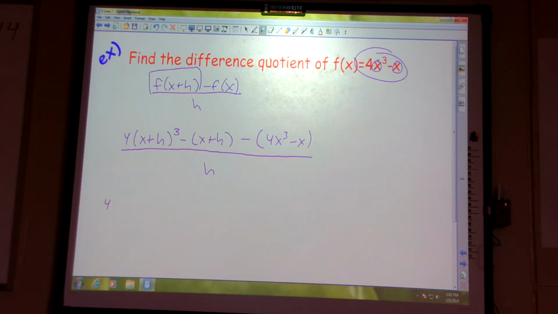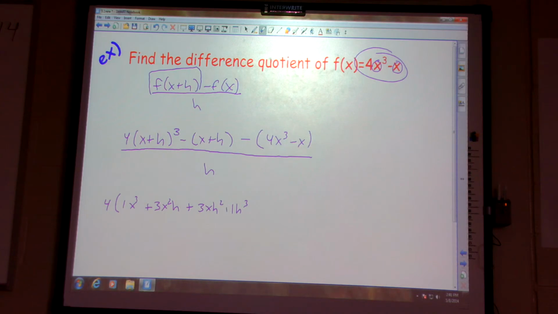Now, we've done that before. Let's expand that. Let's do the binomial theorem. My coefficients are 1, 3, 3, 1. x cubed, x squared, x, h cubed, h squared, h, plus, plus, plus. That's all still times 4. Minus x minus h, minus 4x cubed plus x.